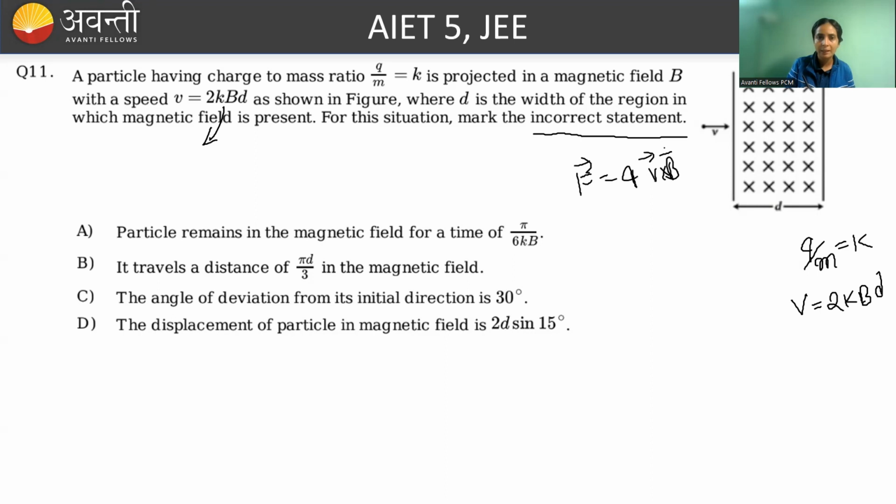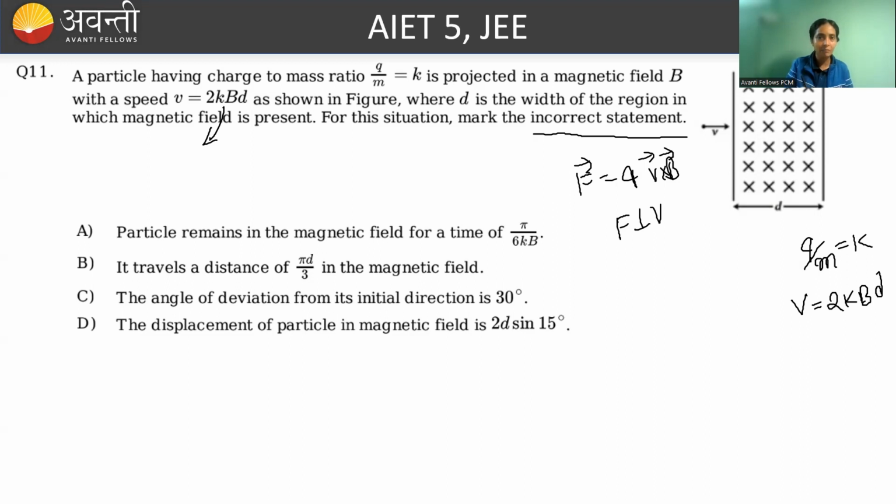QV cross B. And I have also taught you that the force is perpendicular to velocity because it is a cross product, right? F is equal to the cross product of V and B.